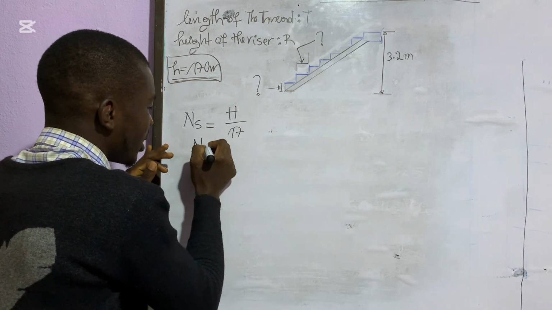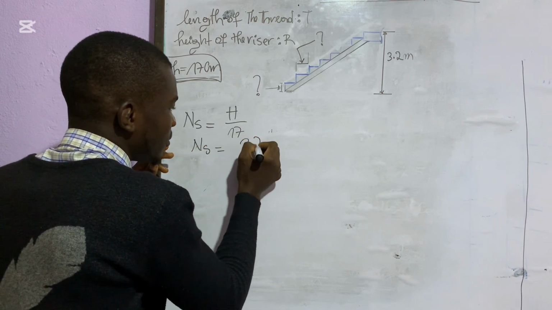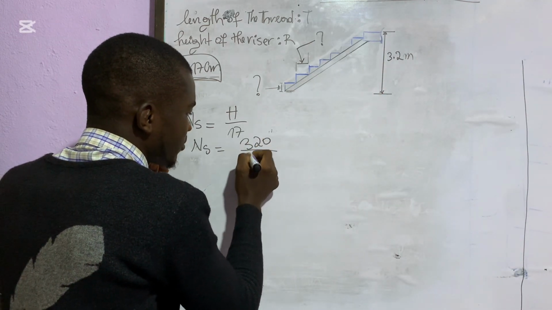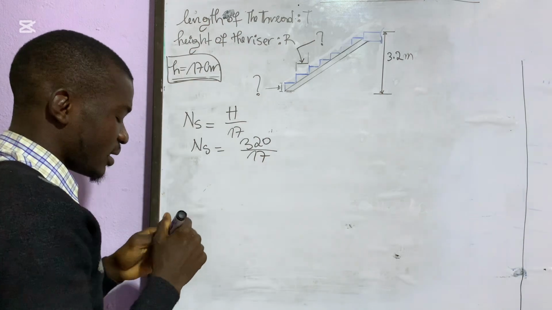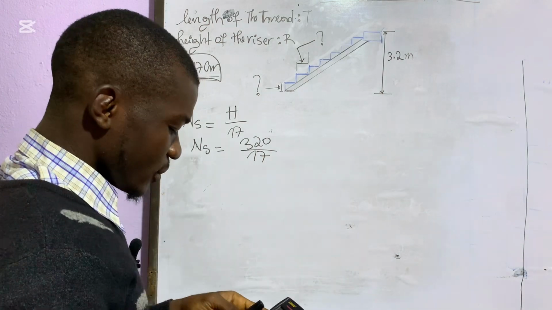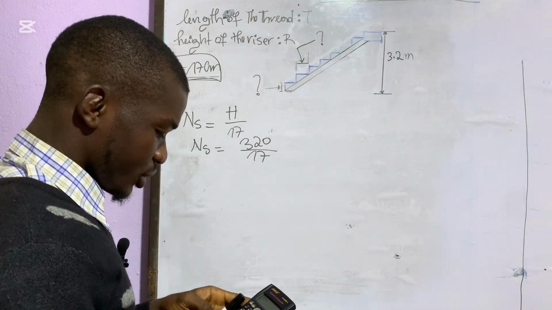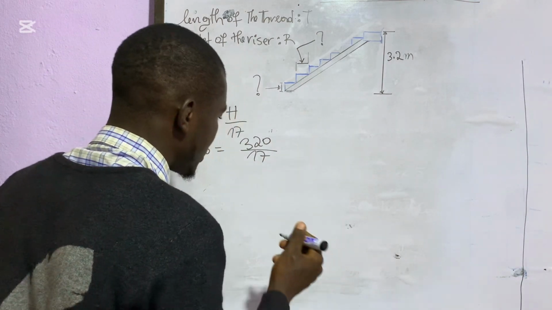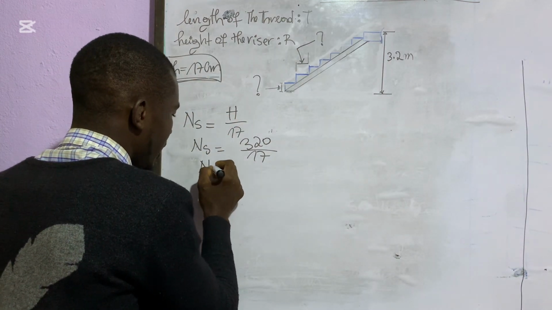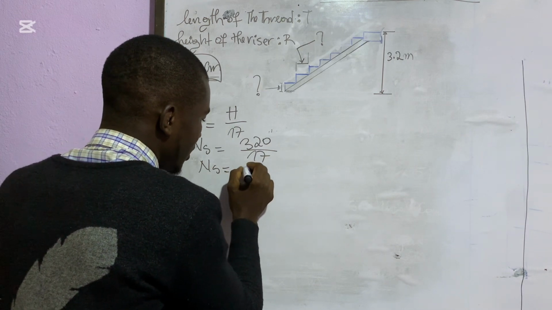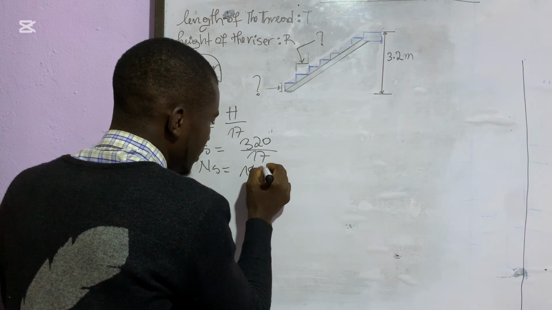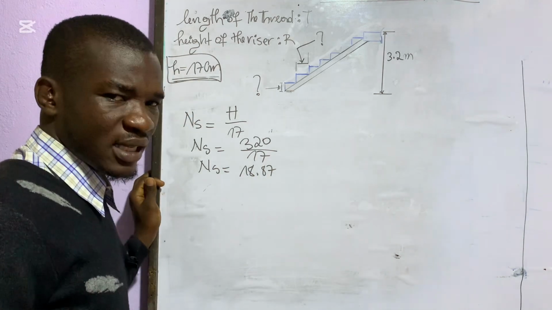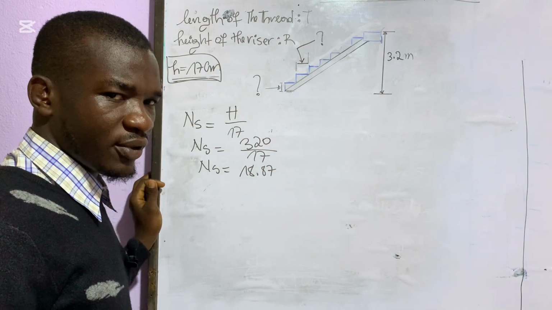Okay, so numerical application, you have 320, that's 3.2 meter, converted into centimeter, divided by 17 centimeter. Punching the value, you obtain 18.87. Okay, so ns is equal to 18.87. That's the number of steps that you need for your staircase.